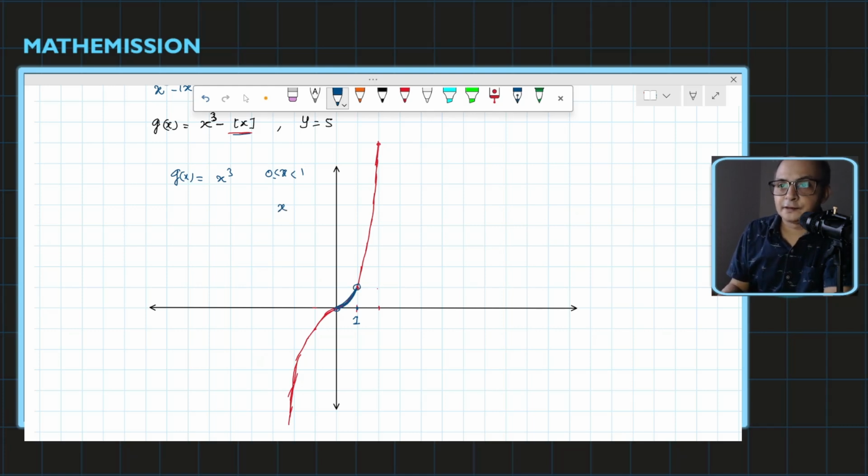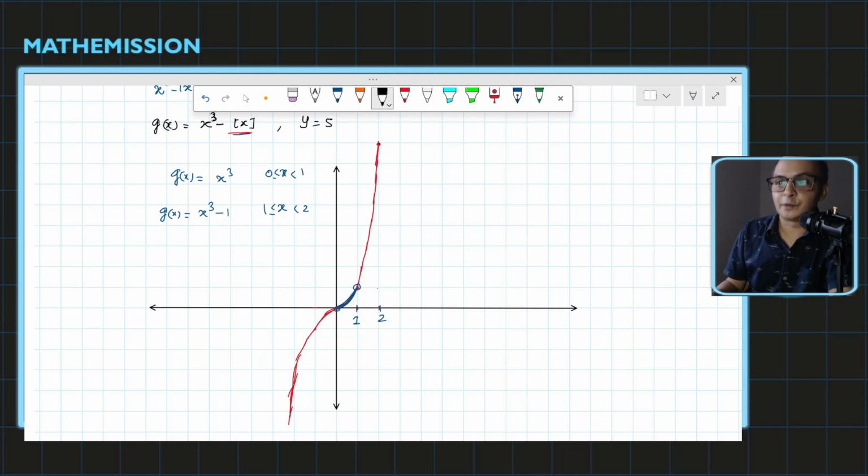Now between 1 and 2, the g(x) function will become x cube minus 1. It means I have already drawn the graph of this x cube function. I have to drop the same graph 1 unit down, and that portion I have to take between 1 and 2. So you can see that between 1 and 2, I have this whole entire portion.